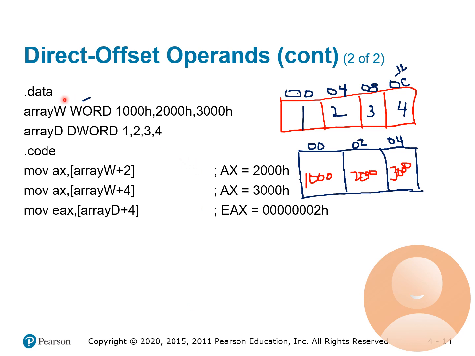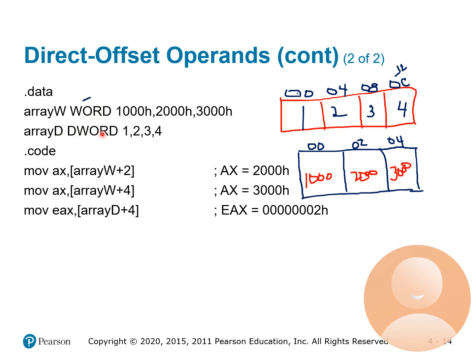In this example, we have arrayW, which is size word, and I have arrayW drawn here, and then arrayD, double word, is drawn up here. Word means that if we start our offset at 0, we have to add 2 bytes to get to the next element, and 4 bytes to get to the third element, because word is a 2-byte label.